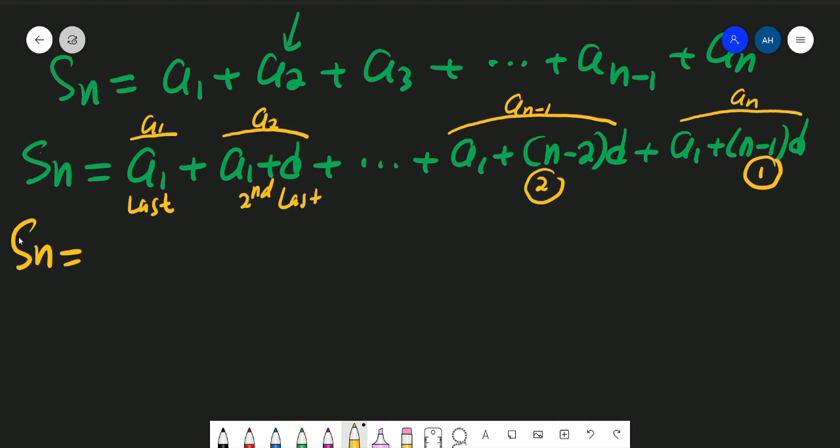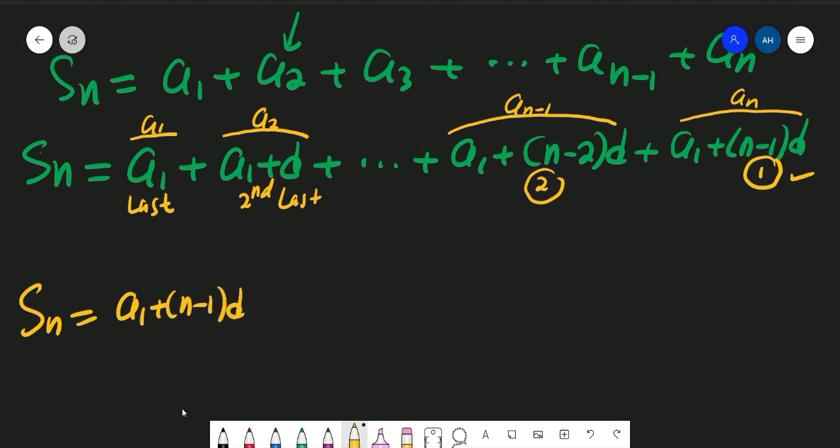Now if I do that, I will have this series down here, Sn equal to, this will be my first term, that is a1 plus n minus 1 multiplied by d. Originally it was the last term, but now it has become my first term.